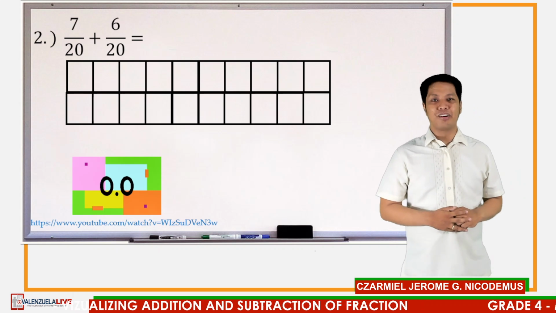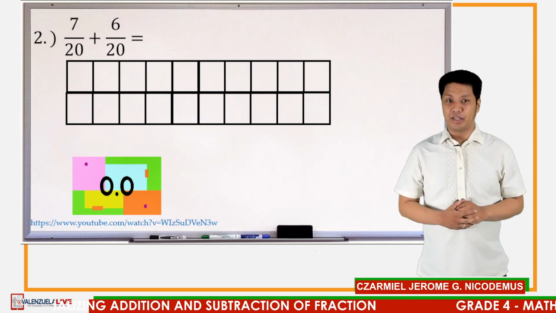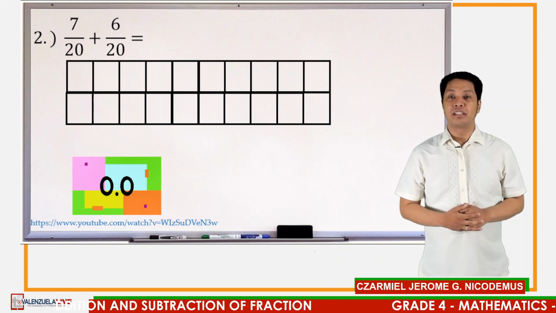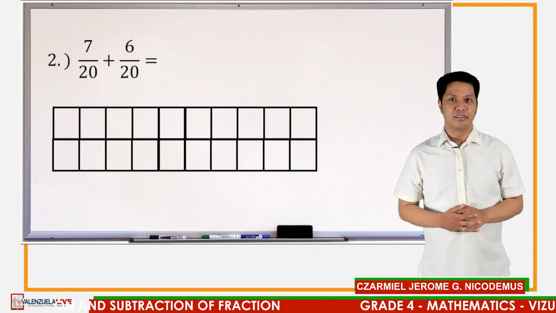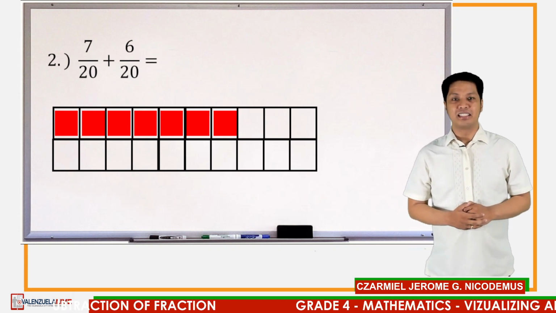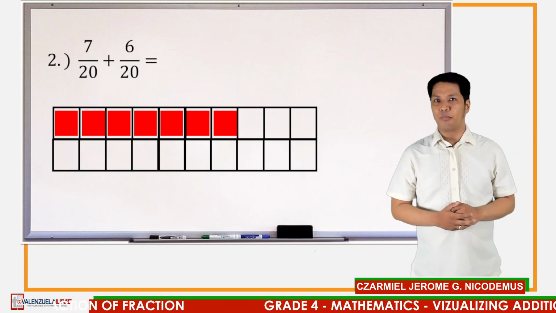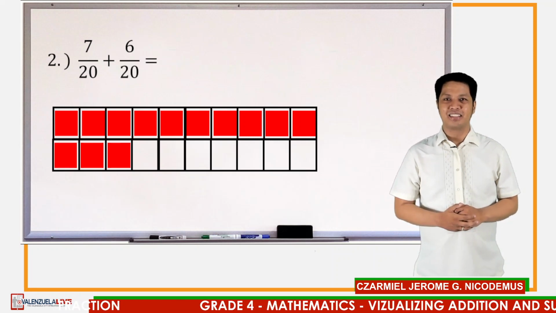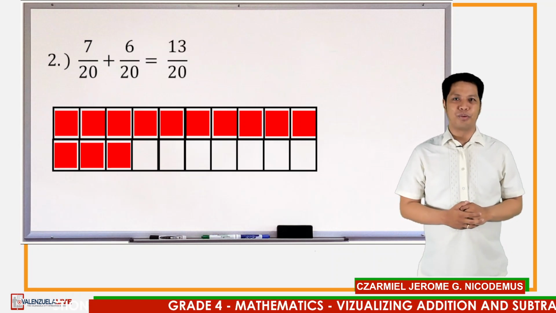Again, this figure is already divided into 20 equal parts. So first, we shade 7 parts to show 7 over 20. Then, shade another 6 parts to show 6 over 20. The answer is 13 over 20.